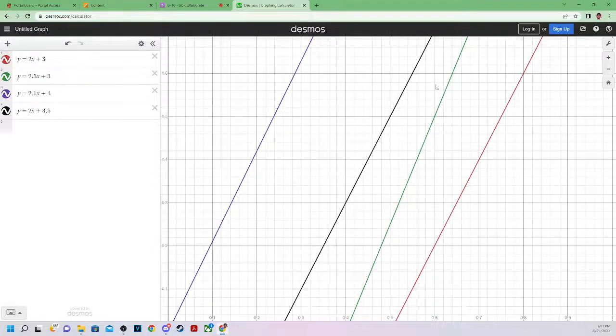So instead of looking at this graphically, you can look at the equation and figure out which ones are parallel. So this is in slope intercept form because you have to do that when you're graphing. The red line, the red equation, is parallel to the black one because they have the exact same slope, which is 2.